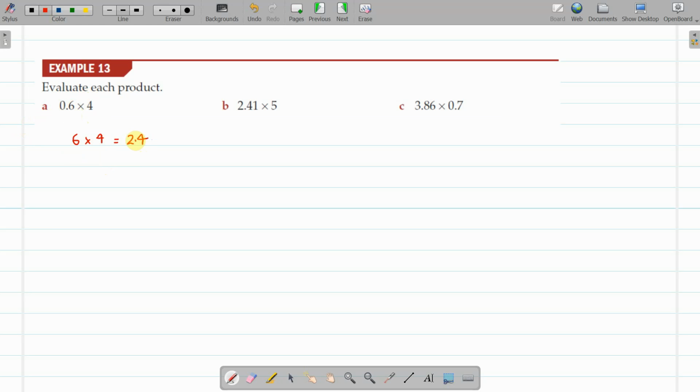One decimal place. This one here, take out the decimal point, times 5. 5 ones are 5. 5 times 4 is 20. 5 times 2 is 10, plus 2 is 12.